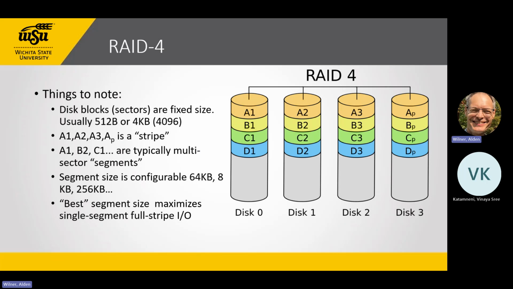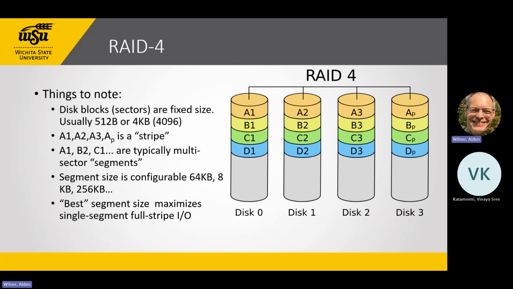Now the segment size on a volume is configurable. You can use the standard block size on the drive, 4 kilobytes, half kilobyte. You can use 64 kilobytes, so it's a huge chunk of sequential data. It'll write 64 kilobytes of data here, and then 64 kilobytes here and 64 kilobytes here, and calculate the parity based on that.